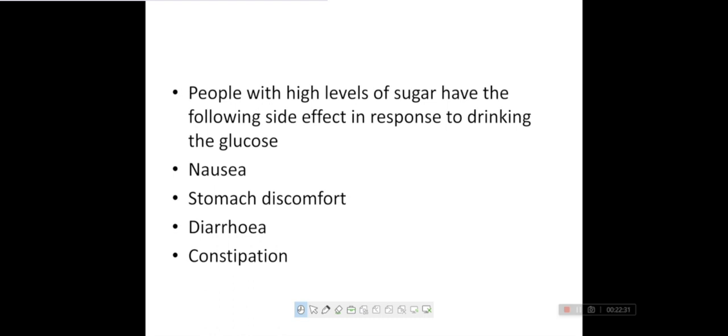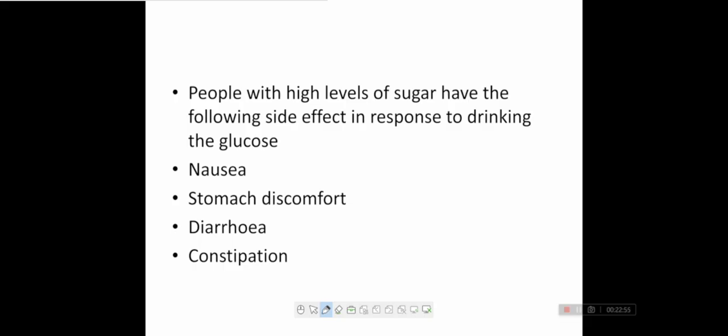People with a high level of sugar have the following side effects in response to drinking the glucose. Because in GTT, a few hours before the testing, glucose is taken by them.